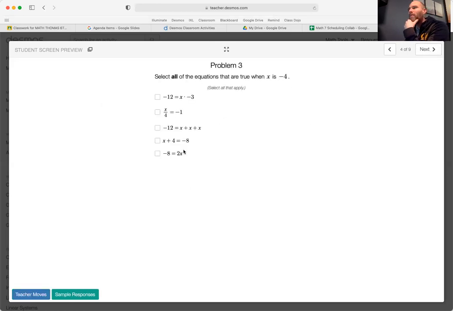Okay, select all of the equations that are true when X is -4. So what you're being asked to do on this slide is called verifying solutions. Or verifying a solution, I guess I should say.